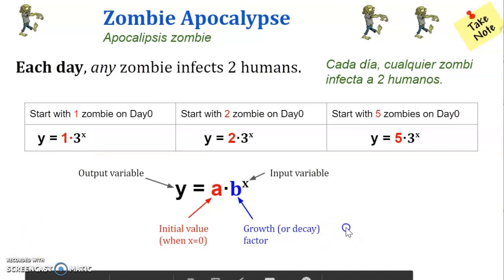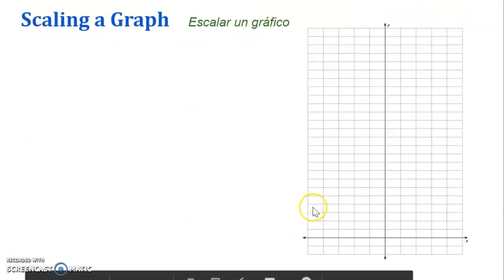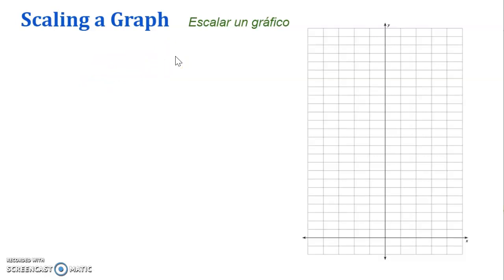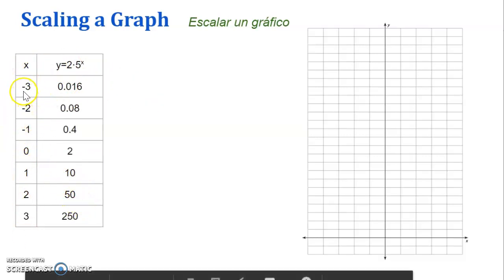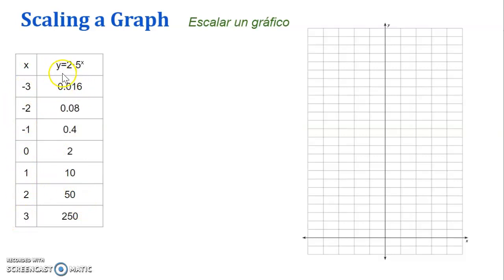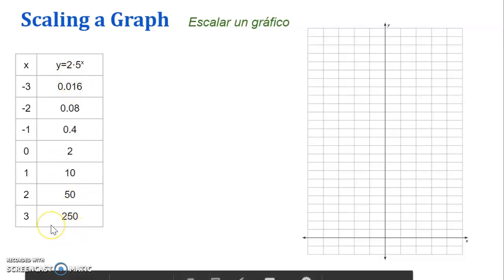Okay, so then let's move on to a slightly different topic, scaling a graph. You're going to be dealing with a whole lot of graphs, graphing in math. If you were given this kind of graph, and these were the values: x extends from -3 all the way to +3, and y extends from a very small number, very close to 0, all the way to a very big number, 250.